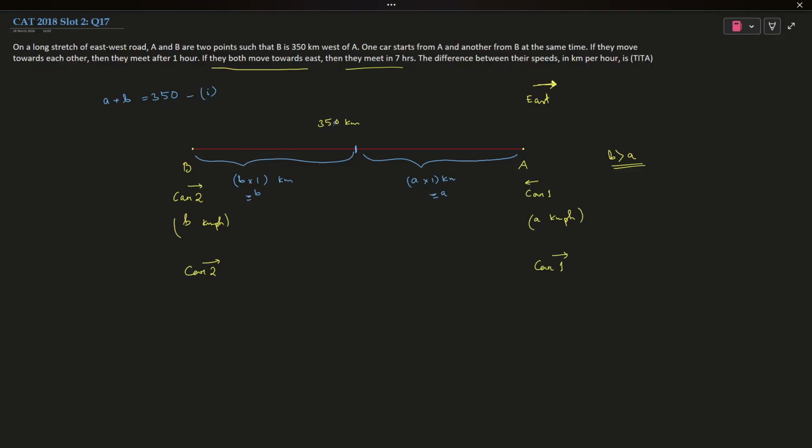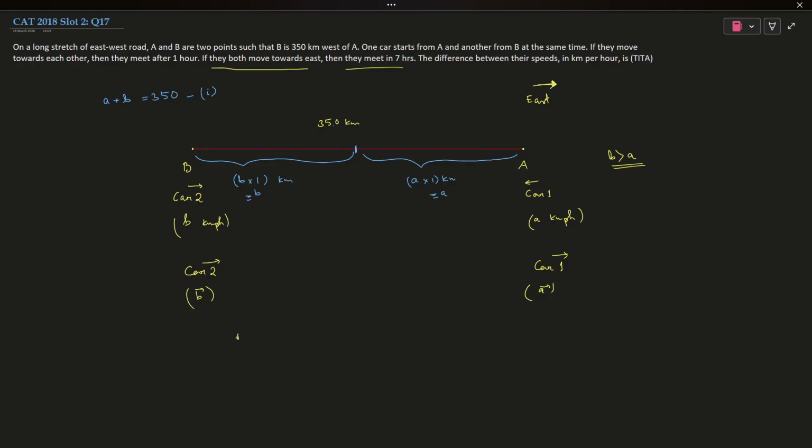Now when they are moving in the same direction, car 2 must meet car 1. Now what is the relative speed of car 2 with respect to car 1? Car 1 is moving at a speed of A kilometers per hour in this direction. Car 2 is traveling at a speed of B kilometers per hour.